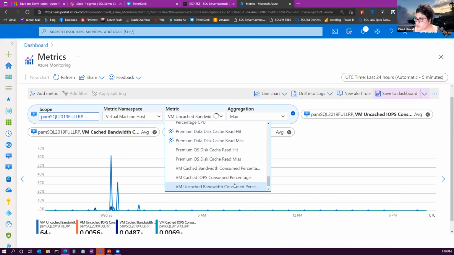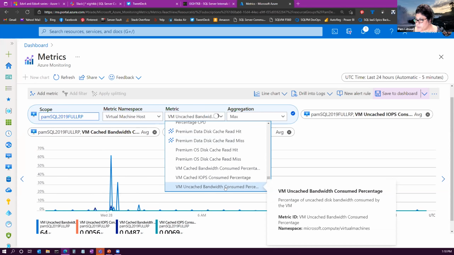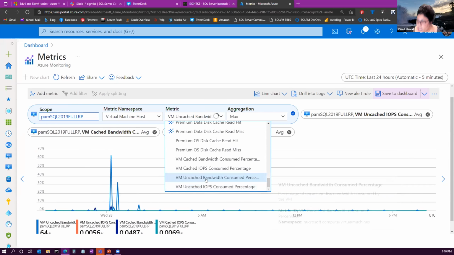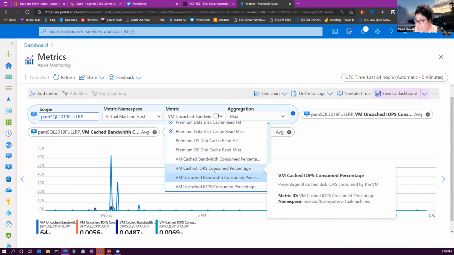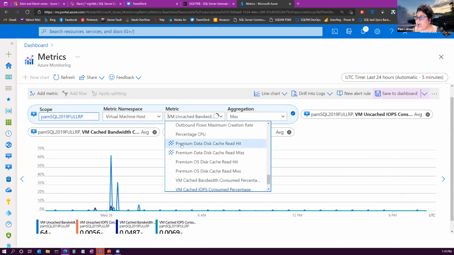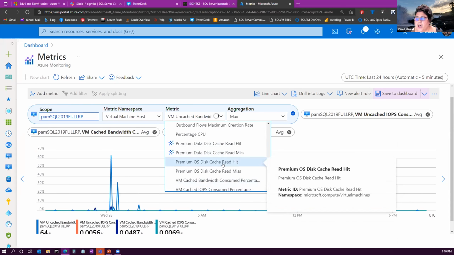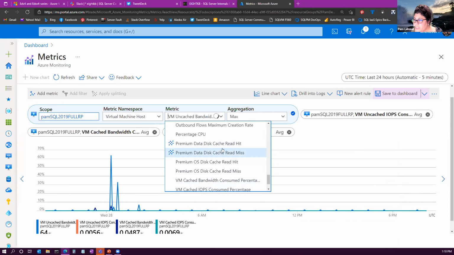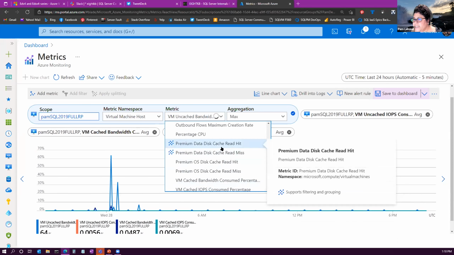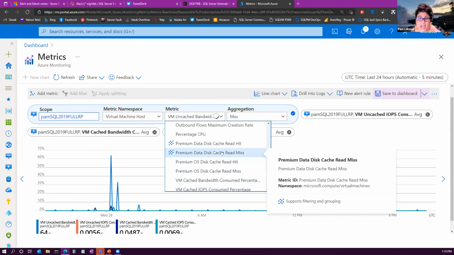So we have counters for cached bandwidth, uncached bandwidth, uncached IOPS, cached bandwidth, cached IOPS, and we also have disk level provisioning and cache hits and misses against your host caching. This premium data disk cache is the cache for any data disks that you have attached, so that's the host caching we've been talking about. So hits and misses there.